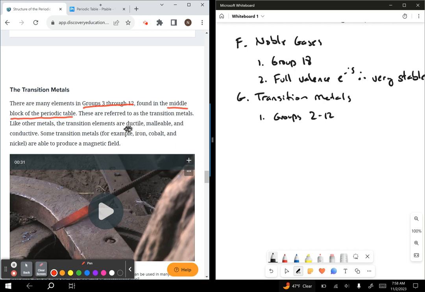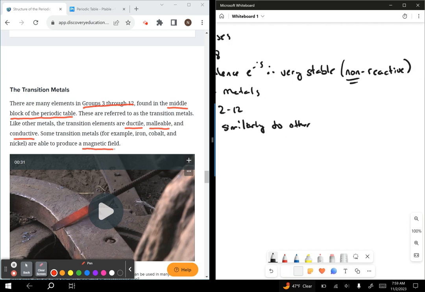Like all metals, they're ductile, they're malleable, they're conductive. Some can produce a magnetic field. So we could say that they behave similarly to other metals, but they may have some differences. Okay.